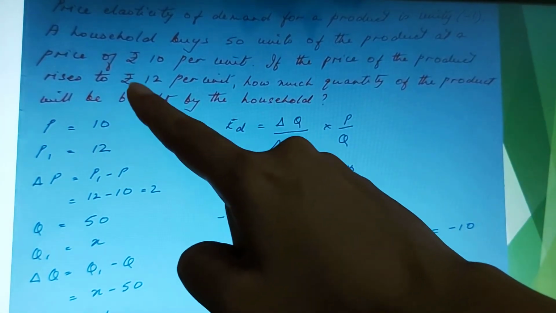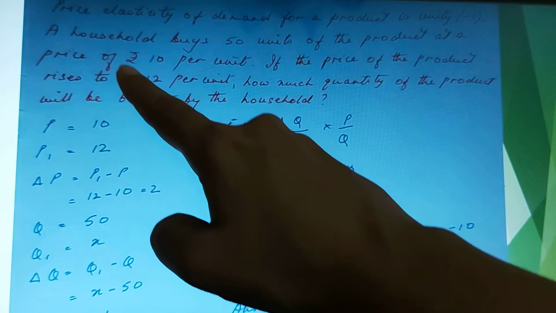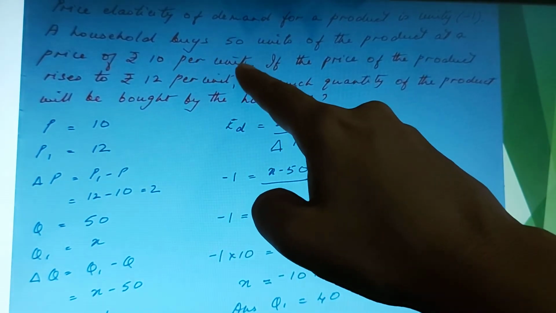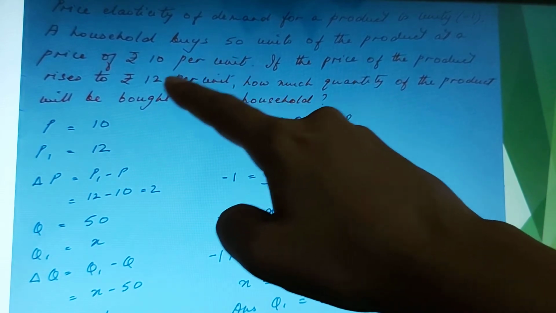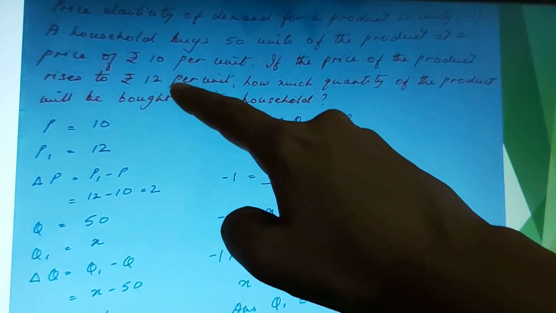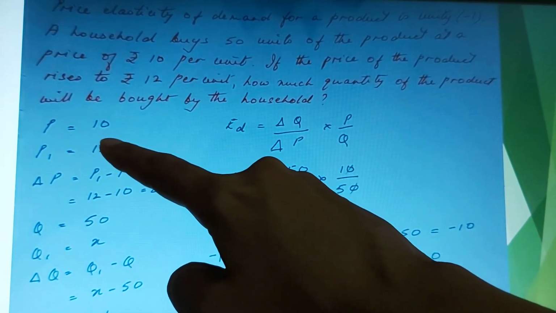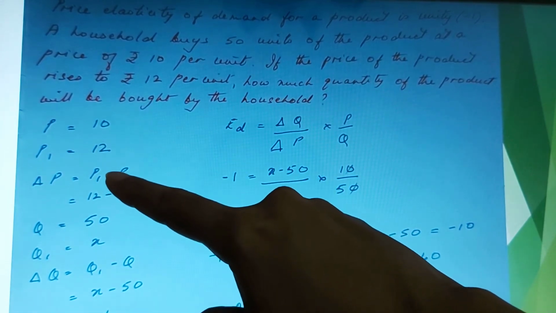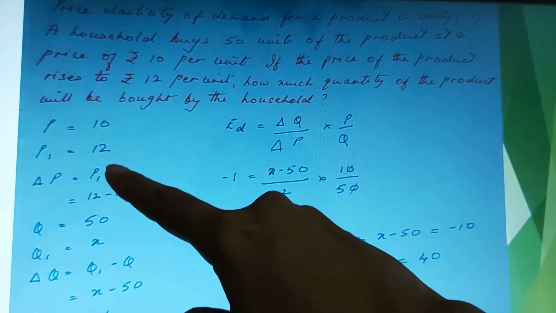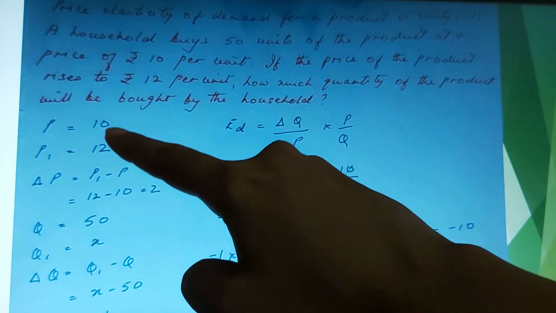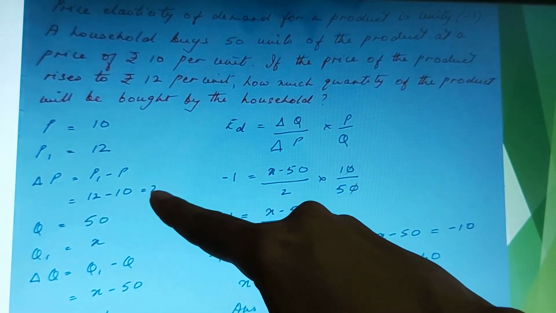P is equal to 10, price of rupees 10 per unit. So the original price is 10. It rises to means 12 will be the P1. So we'll find out the change in price or delta P is equal to P1 minus P. That is 12 minus 10 is equal to 2.